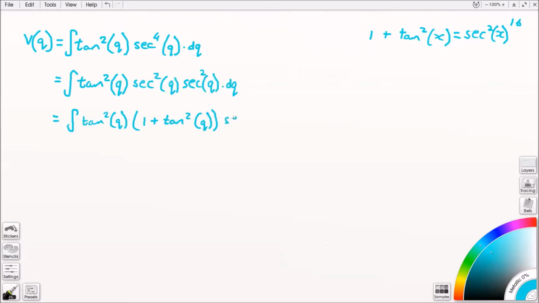Now we still have the secant squared x, but what we can do is use our u substitution here to get rid of this.